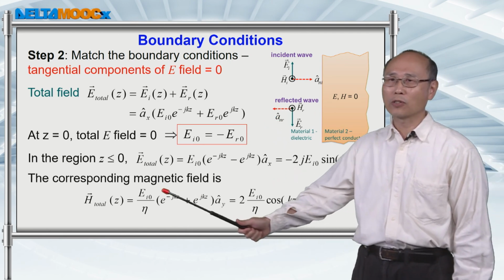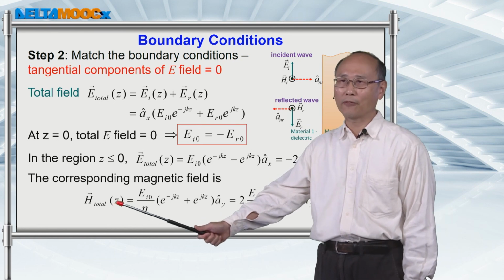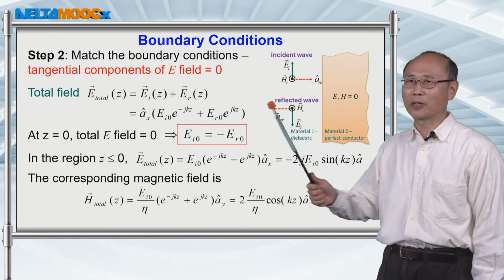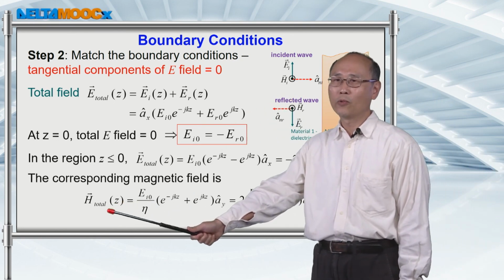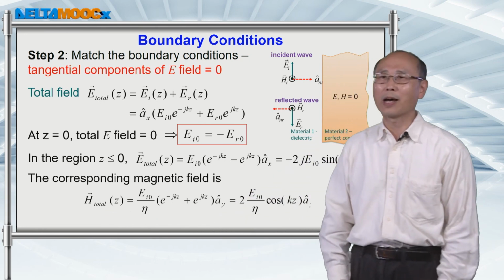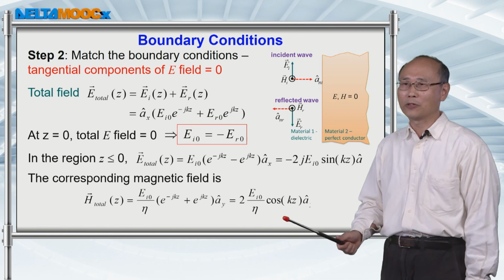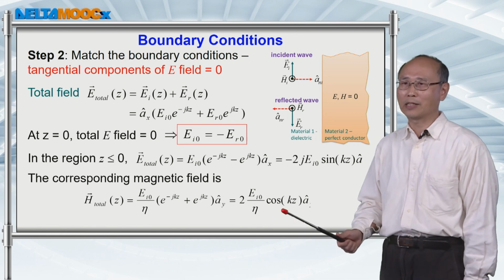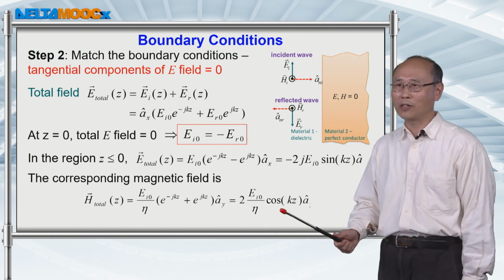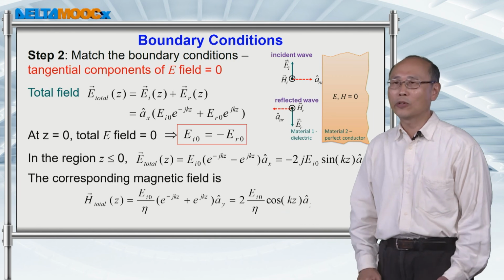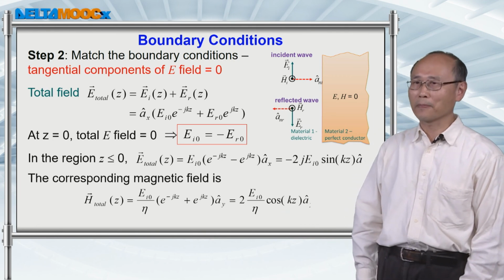And you can also write down the total magnetic field in this region, because previously we already expressed the magnetic field in terms of the electric field. So the result is like this. And you can see that you also have a term cosine kz, which is independent of time.